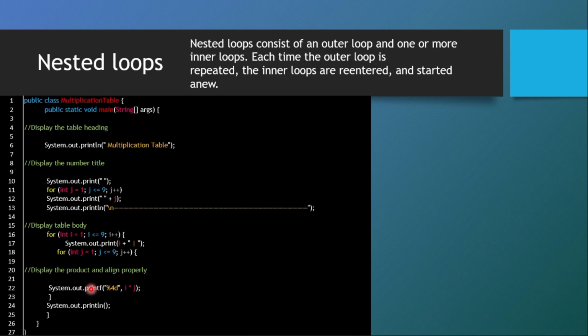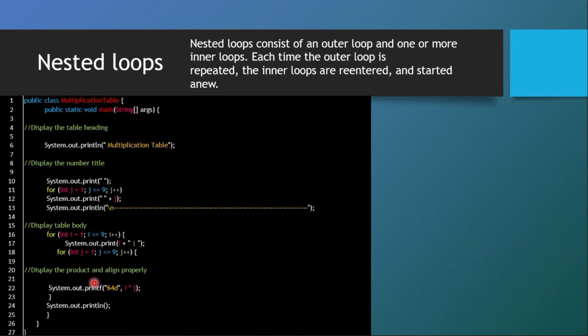So this is another print method that is used for formatting, and it is used to decide the spacing between the characters. So for this iteration here, we're going to say 4 decimal places or 4 dimensions there, and then we're going to say i multiplied by j.